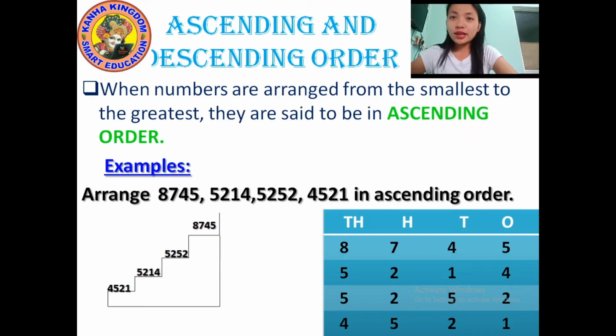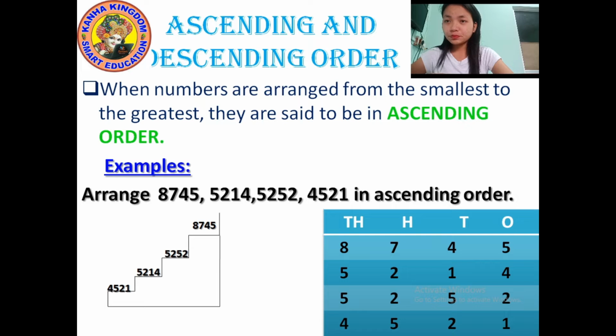I had arranged the numbers 8745, 5214, 5252, 4521 in ascending order. At first I make a place value chart, and after making the place value chart I put all these numbers in the place value chart.